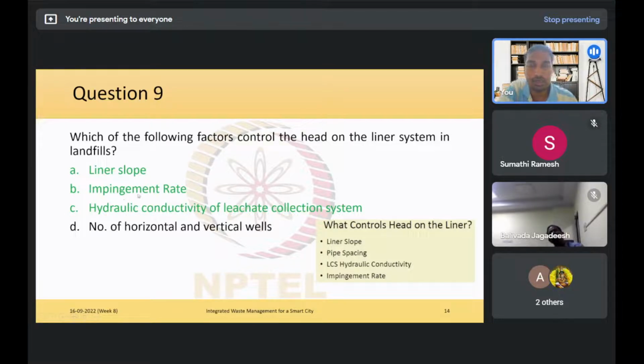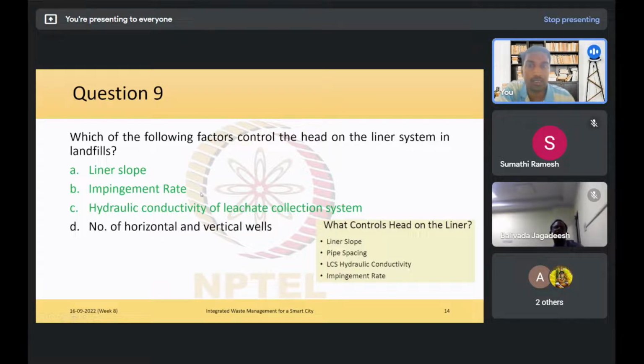Impingement rate is just the opposite, right? We looked at the outflow from the landfill. The impingement rate is about the inflow, how much water gets collected into this leachate control system. So it is like the input.